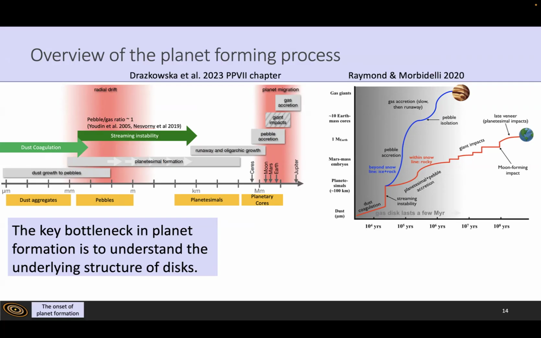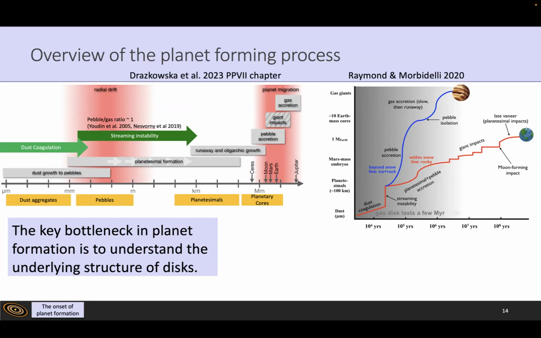On the right-hand side are some simulation results from Lambrechts and collaborators in 2020. This is just to quickly illustrate how this works: the dust coagulates, streaming instabilities, pebble accretion, then reaches the pebble isolation mass, and then quickly gas runaway accretion, and then forms a giant planet. So we can do this in simulations, but one of the big problems for planet formation is the lack of observational constraints.